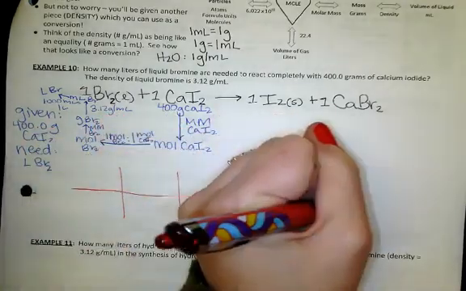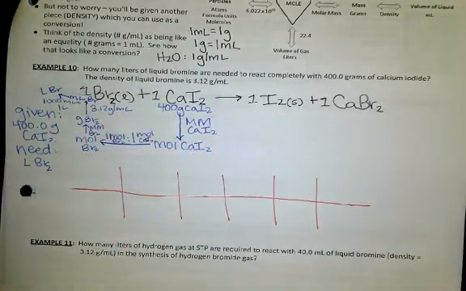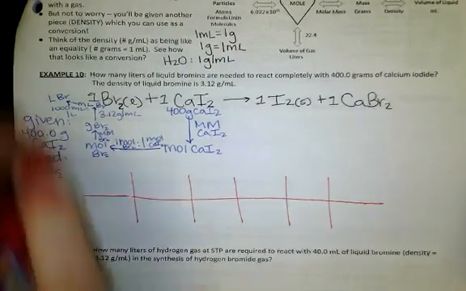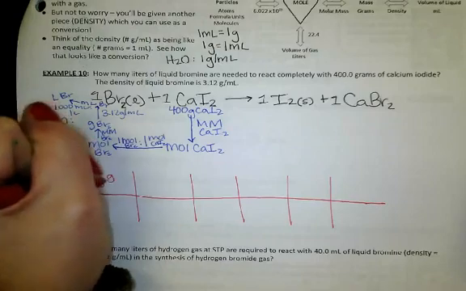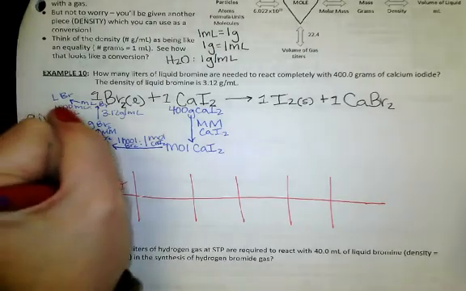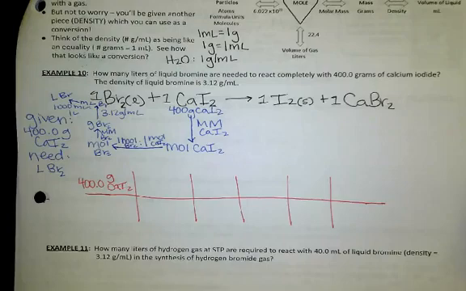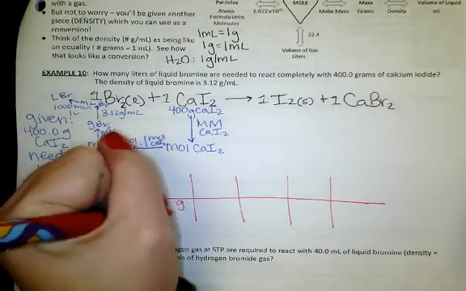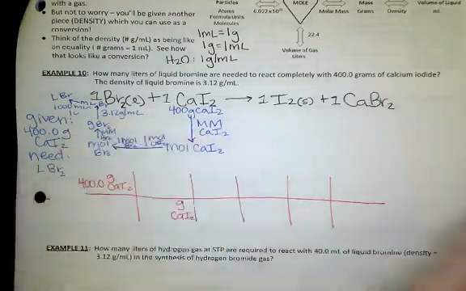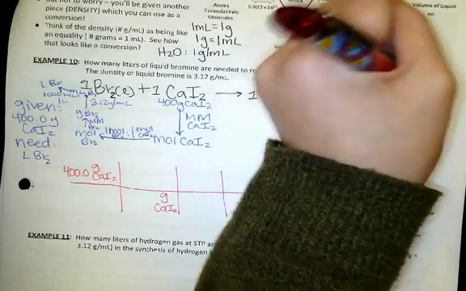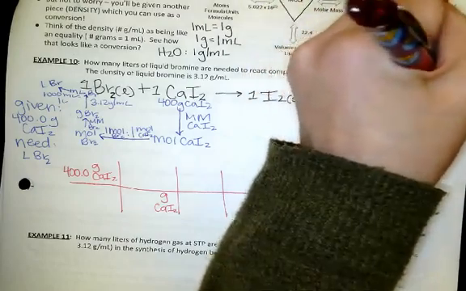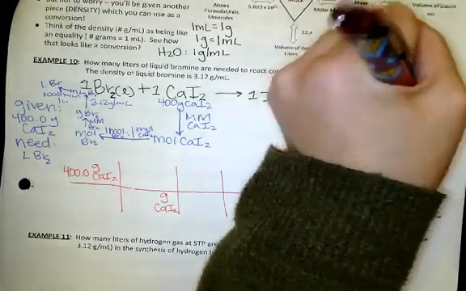Okay? So we're starting with 400 grams of calcium iodide. Okay? So on the bottom is going to be grams of calcium iodide. So we got to calculate the molar mass. I'm going to go over here. Calculate the molar mass of calcium iodide. Calcium's mass is 40.08 plus 2 times iodine's, which is 126.91.